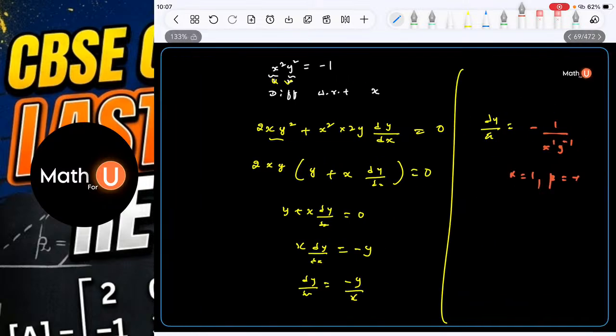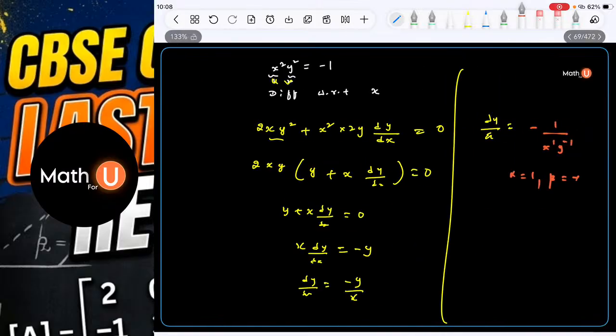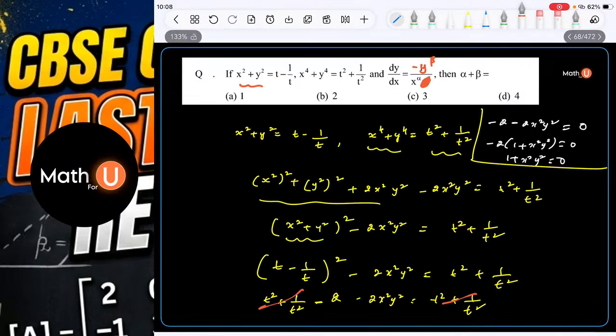Actually the question is like this: y power of beta in numerator. Then here alpha is 1, beta also 1, then 1 plus 1 is equal to 2. So B is the answer. The question is actually dy by dx equal to minus y raised to power of beta by x raised to power of alpha.